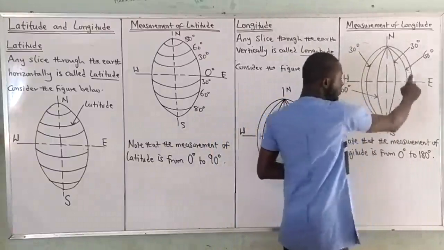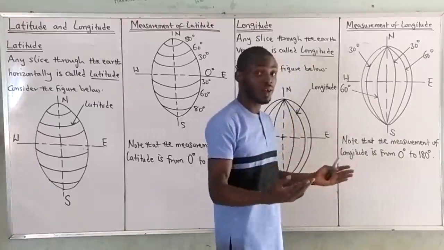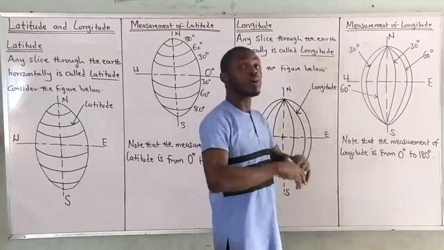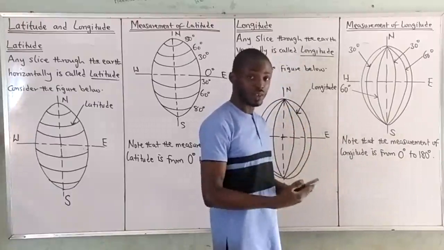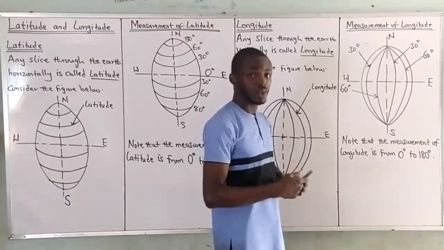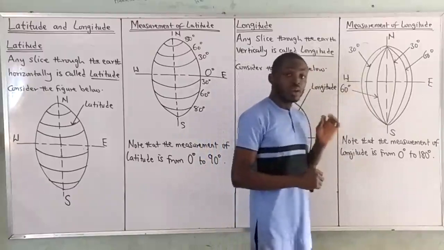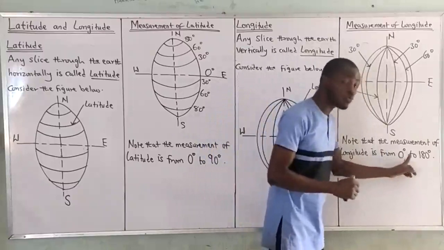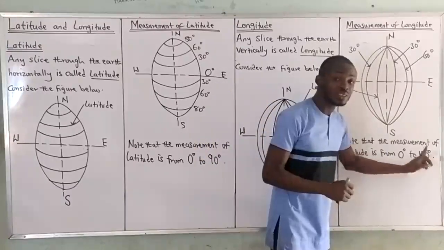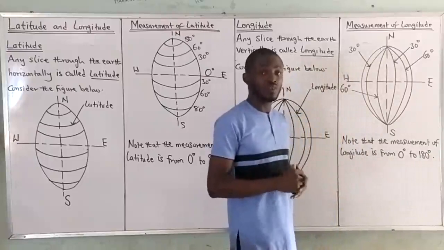You can have 80, 90, 120, 150. There is a reason for that: when dealing with longitude, the measurement is from 0 degree to 180 degree. That is why you can have 120, 150.